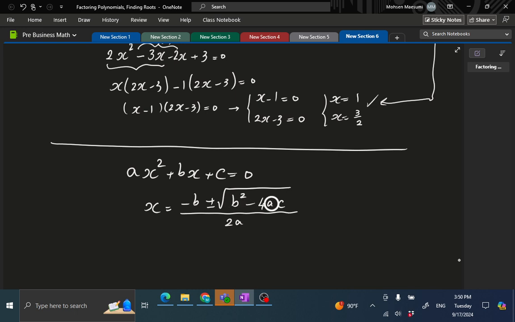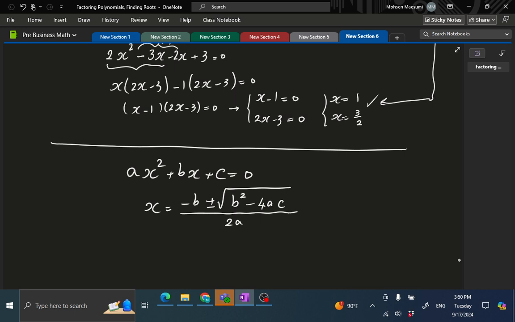And if this is negative, then our roots are not real numbers because the square root of a negative number cannot be an ordinary real number. So that becomes a so-called complex number. We are going to put that aside for now until we come back to it perhaps at a later time.